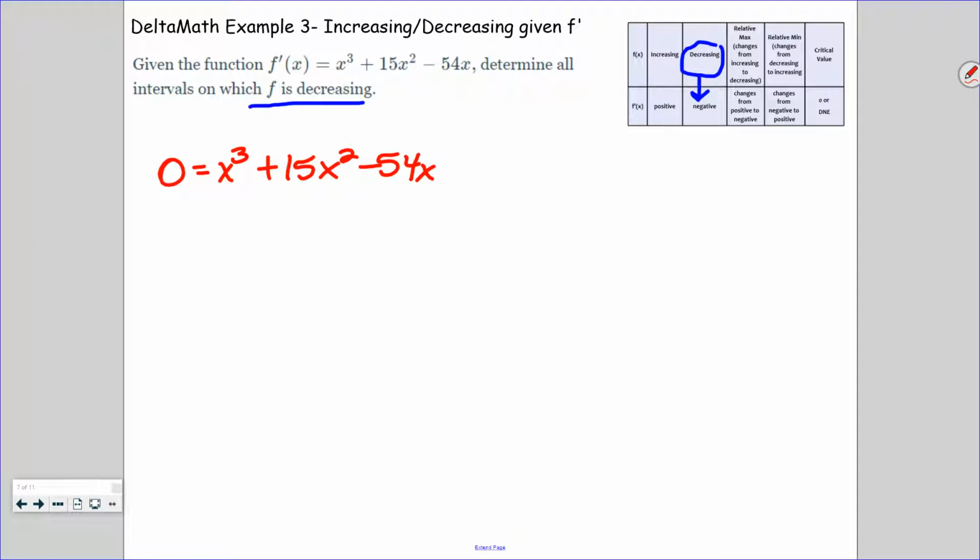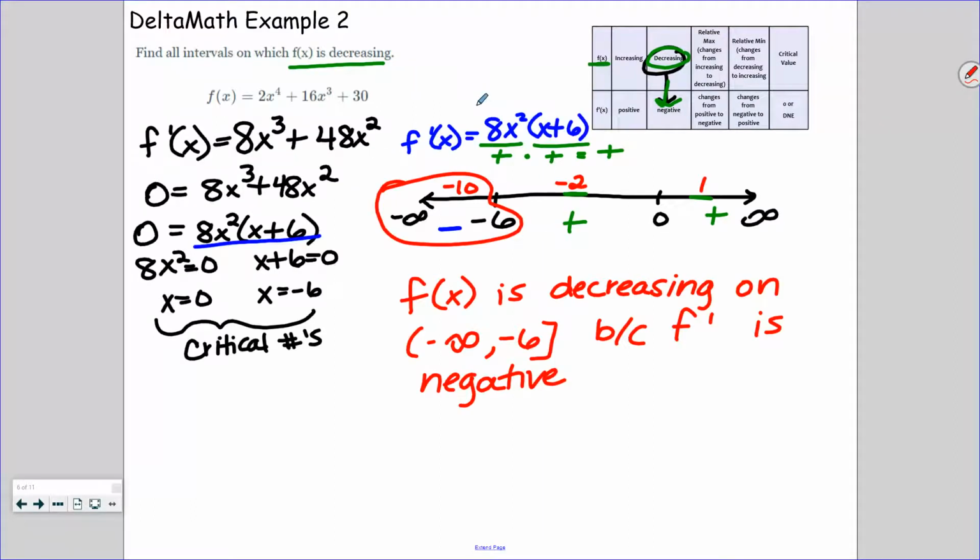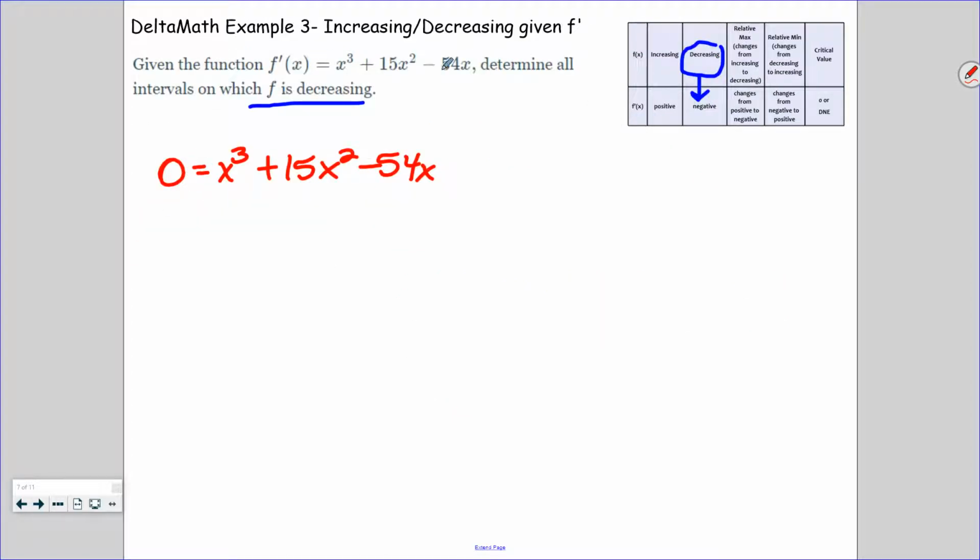Now, really the only difference between this one and the one we just did is that here I had to find f prime on example 2. Example 3, they already gave me f prime. All the remaining steps will be similar.